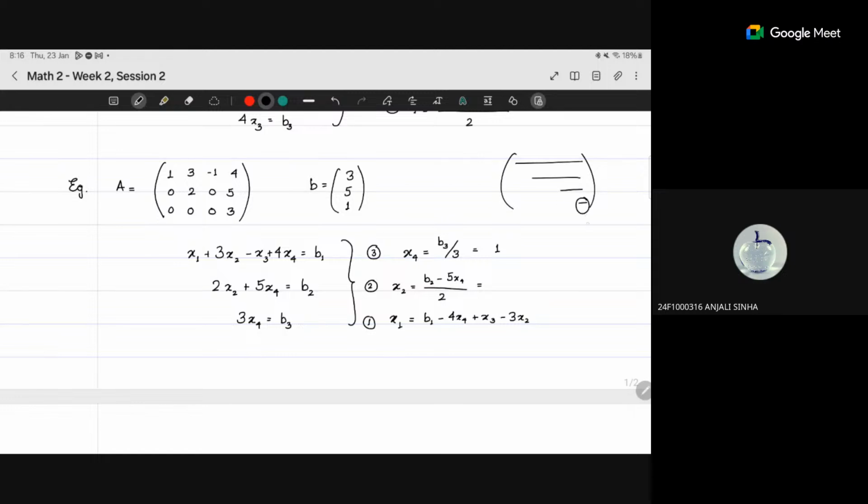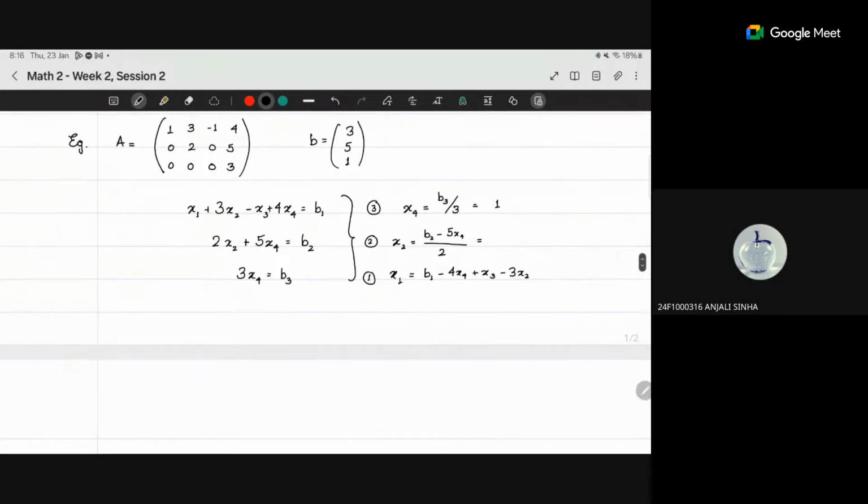So you can start by determining this, then substitute in this, and then substitute in this. This is what you generally do while solving equations as well. You try to eliminate variables, get the value of one of them, and then keep back substituting. This is just reformulated in the matrix language.